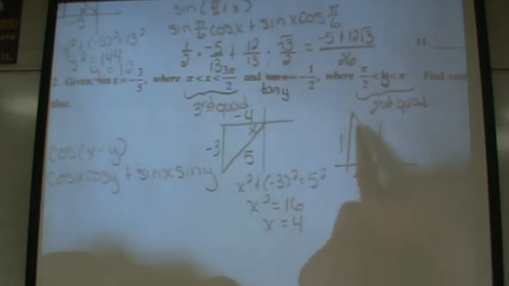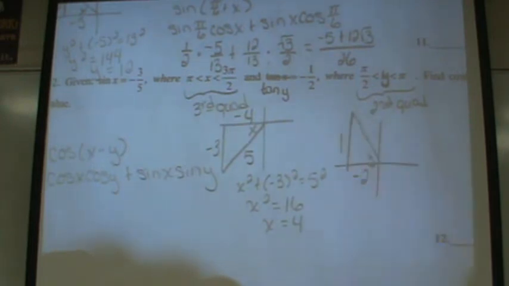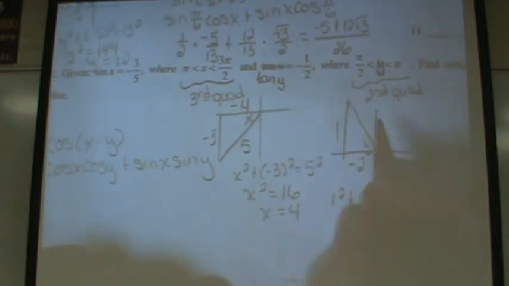Then again, we need to find that third side, in this case our hypotenuse. So we have 1 squared plus (-2) squared equals r squared. That gives us 1 plus 4 equals r squared, so √5 equals r when we solve for r. So our third side here is √5.